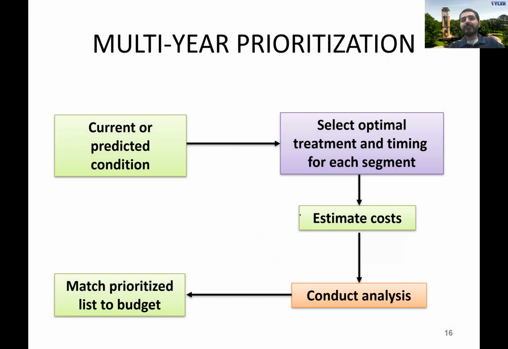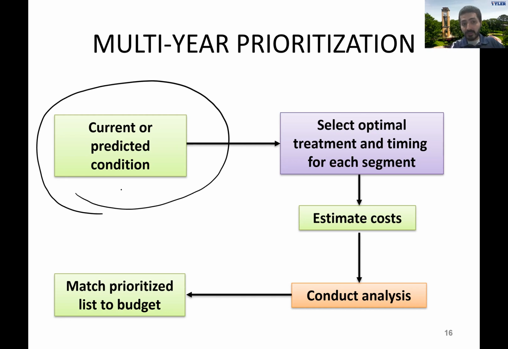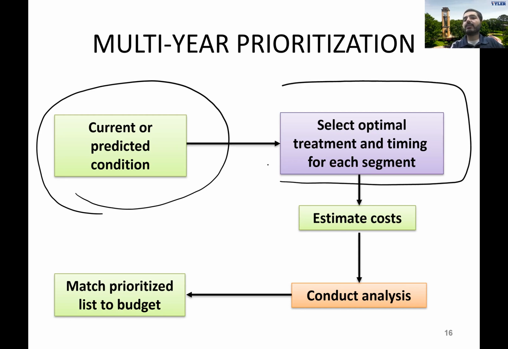If you want to put it in a flow chart similar to what we had in single year prioritization, for multi-year prioritization we still have to look into what's the current or the predicted condition of the pavement sections in the network. But now, instead of just picking one treatment per section, we have the leisure to select the optimal treatment and timing for each segment.